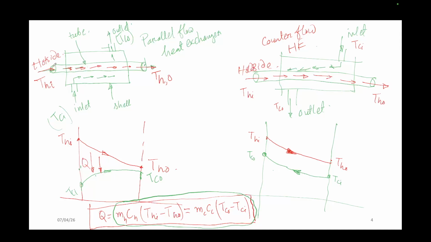But here, in that case, if you see the temperature is say 100 degree and it is say 30 degree, what will happen? Its temperature gradually decreases: 80 degree, 70, 60, 50, 40, like this, right?